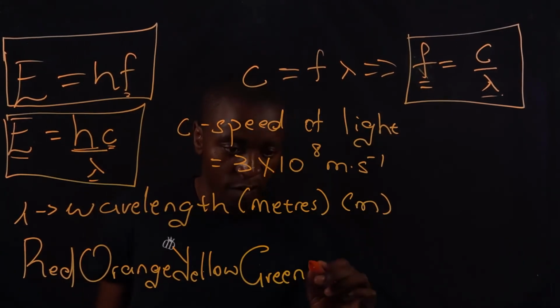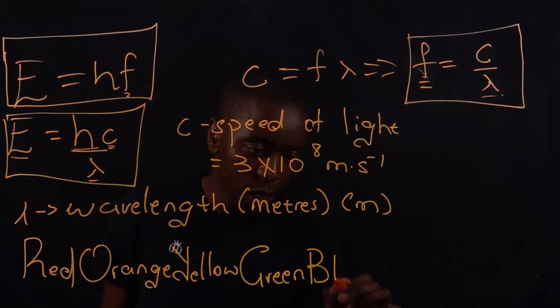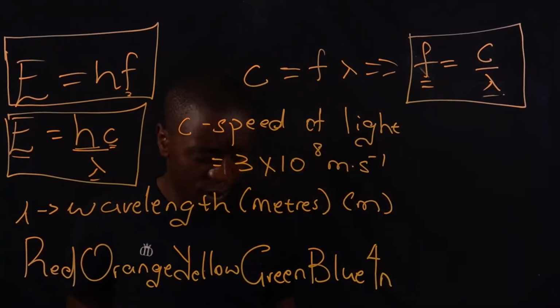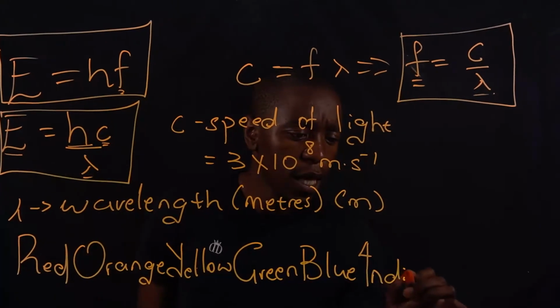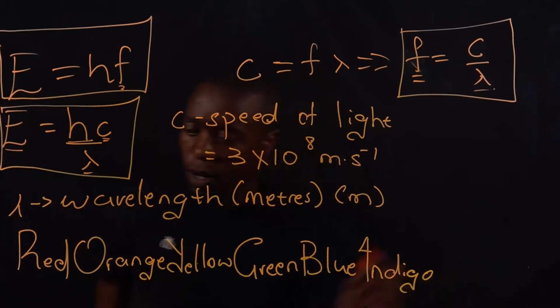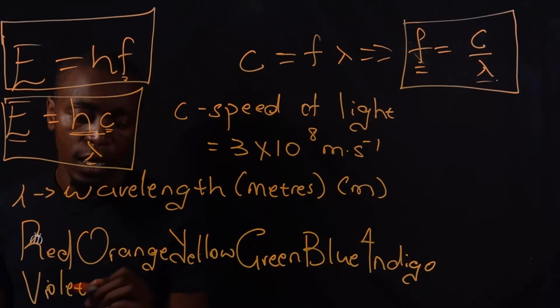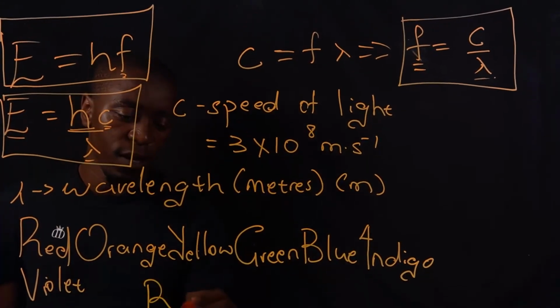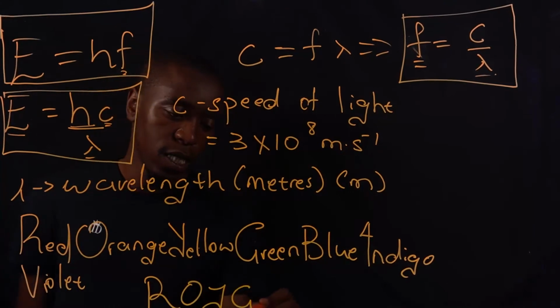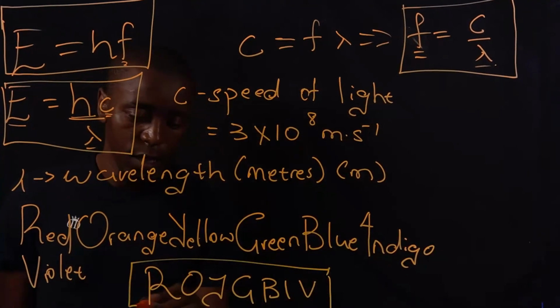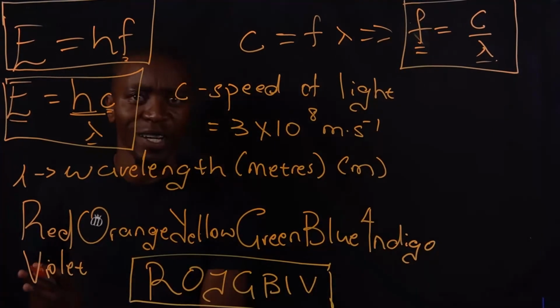After green, we have blue, then indigo. Indigo is a bit the same as violet light. Then the last color that we will have is violet. So these are the colors of a rainbow.